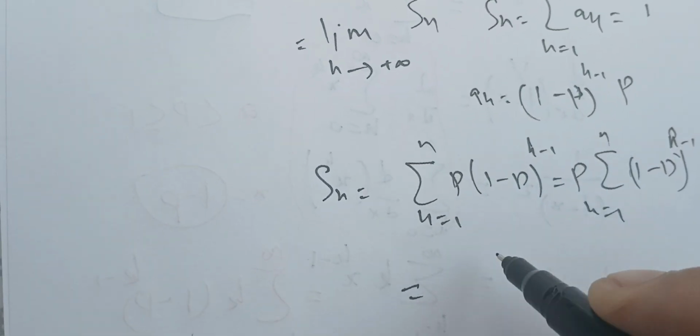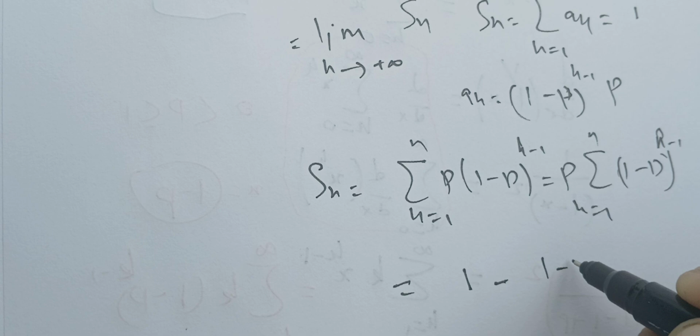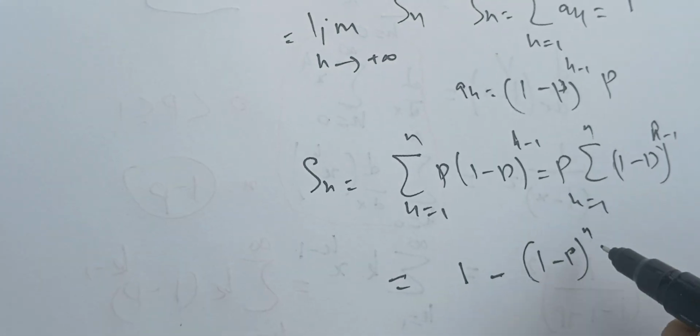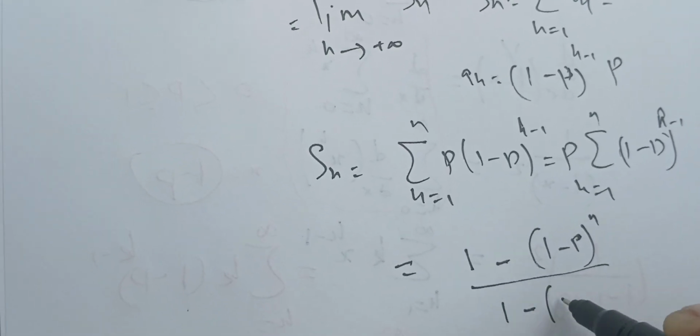So let's simplify this one before we take the limit. I can take the p outside because it doesn't depend on k, and I have (1 minus p) to the power k minus 1, where k is going from 1 to n. This is a geometric series, by the way, and I have (1 minus (1 minus p) to the power n) over (1 minus (1 minus p)). This gives me (1 minus (1 minus p) to the power n) over p.